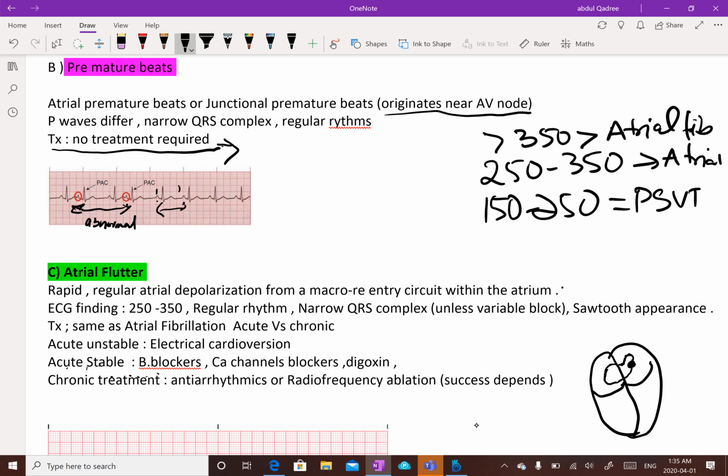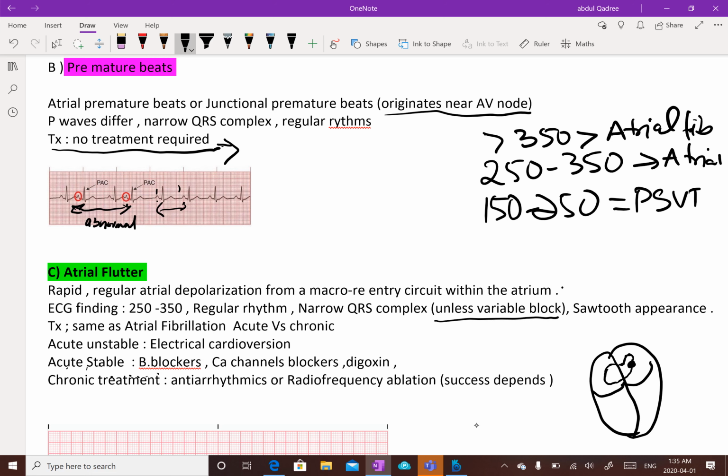It leads to depolarization of the atria at 250 to 350 beats per minute usually. The rhythm is regular, and the QRS is, as we said, normal unless there's some sort of block.